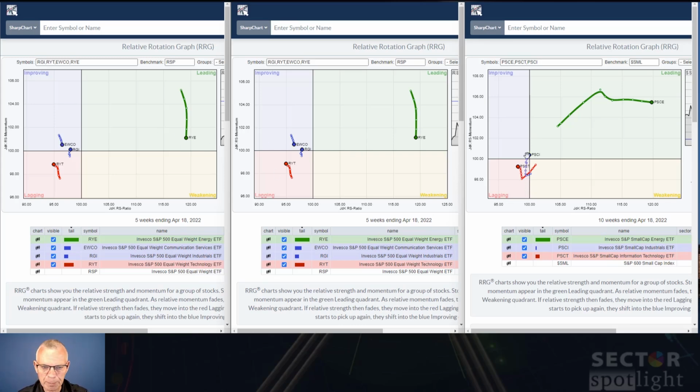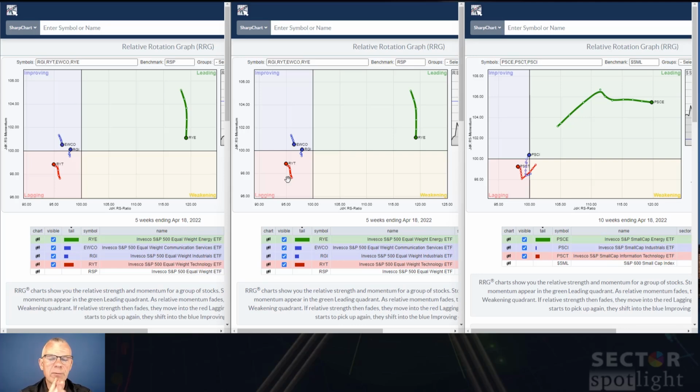Industrials are picking up a little bit stronger than we see in equal weight and large caps, but they are picking up, and technology is sort of following the path that we see in large cap and equal weight. So the big difference here is with energy stocks that are clearly a lot better in the small cap section than they are in large cap and equal weight.